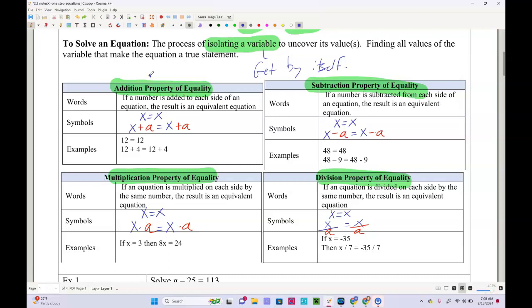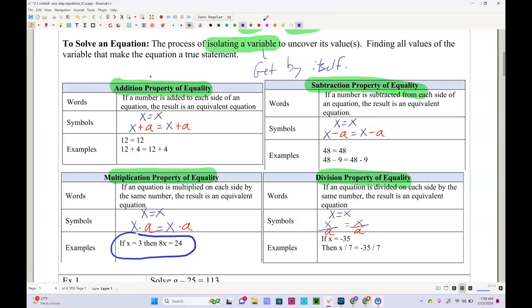You can see the numerical examples below, and they should make sense to you, right? I didn't go over all of those, but for example, look at the multiplication. If I have x equals 3, and then let's say I multiply 8 on both sides of the equation, I would transform my equation to 8x equals 24. Now, the solution to that is still x equals 3.